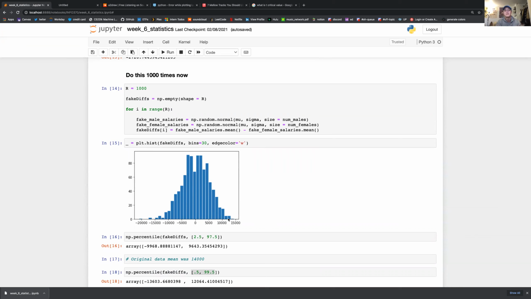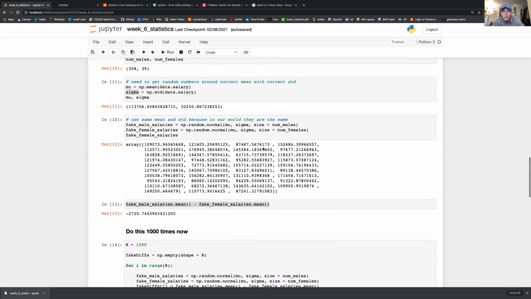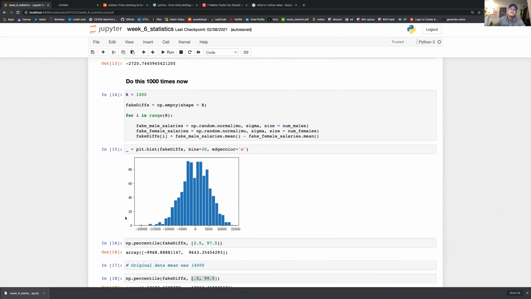Let me restate. What we're saying here is if the male and female professors make the same amount of money, what is the likelihood that we would see the data we observed up here? We can do this with percentiles on this histogram. We did 1,000 simulations.